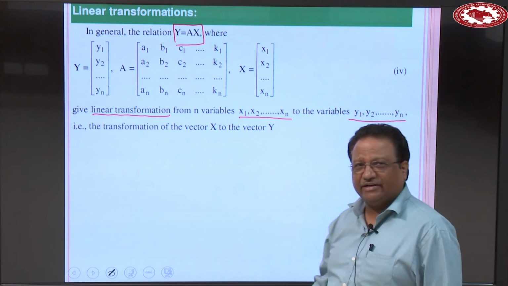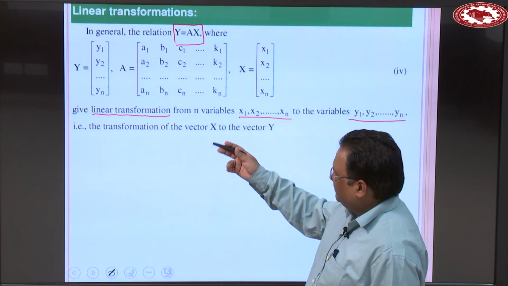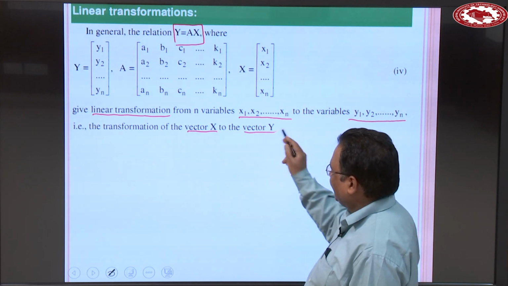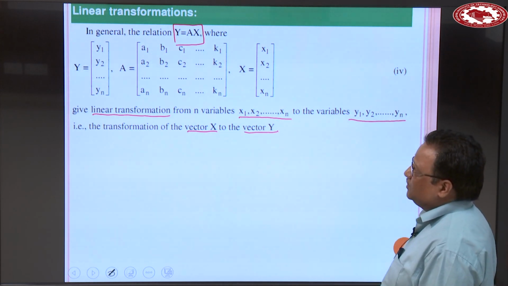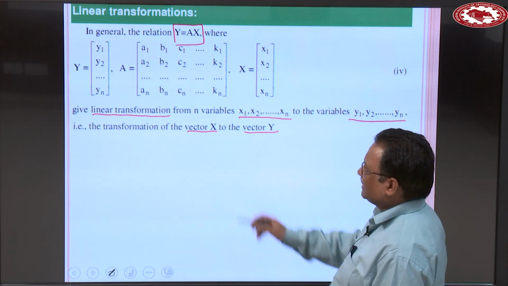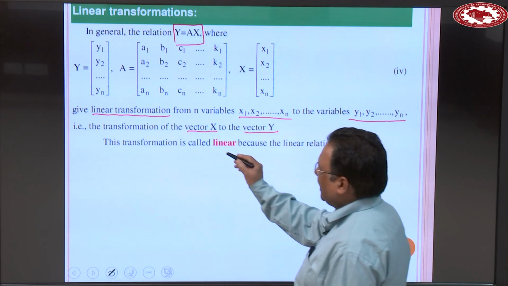We have already discussed in the previous presentation what vector x and vector y are. So, the relation y is equal to ax is the transformation of the vector x to the vector y, and this transformation is called linear.